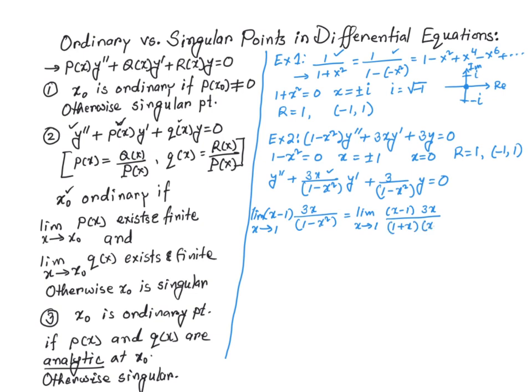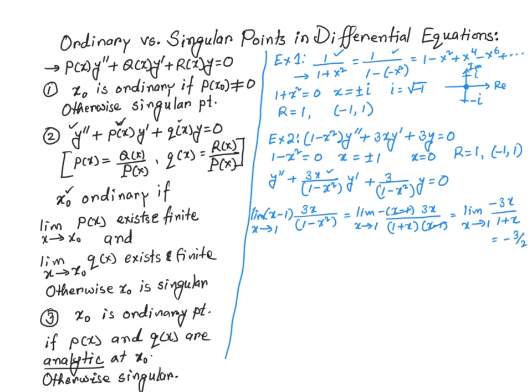So I can write it as x minus 1 and introduce a negative sign in front, and this is going to cancel out. That's going to give you the limit as x approaches 1 of negative 3x over 1 plus x. So what happens if x goes to 1? The limit is nothing but negative 3 over 2. So this limit does exist, right?